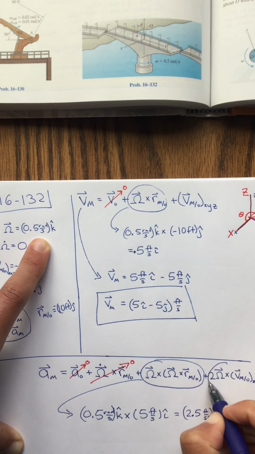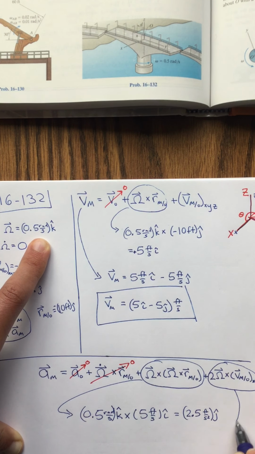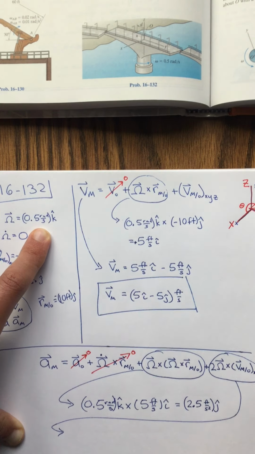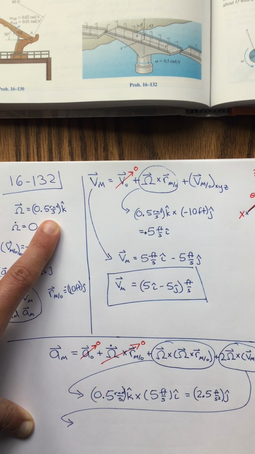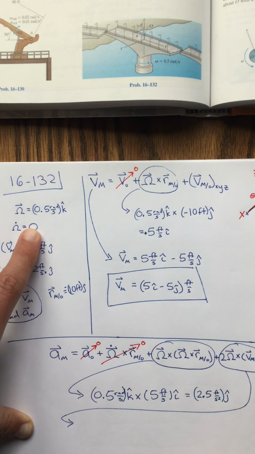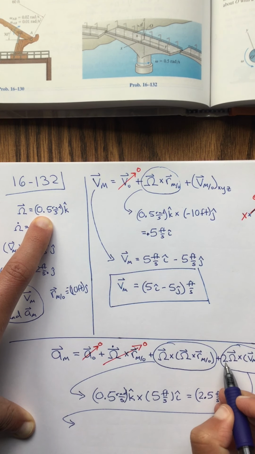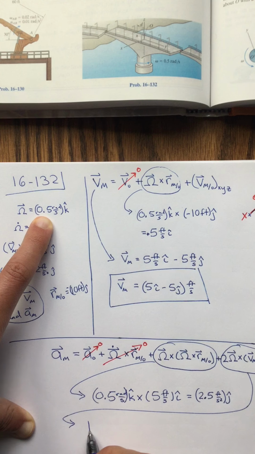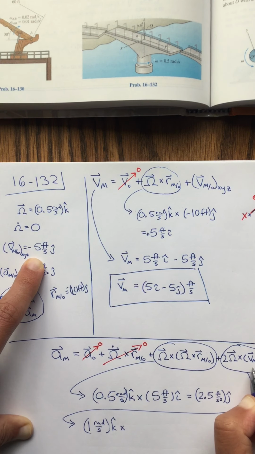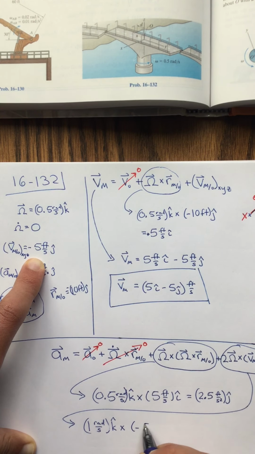Then I have this cross product, which I'm going to do separately before I plug everything into my equation. So 2 times omega, omega is 0.5 radians per second in the k hat direction, so 2 times omega would be 1 radian per second in the k hat direction, crossed with the relative velocity, which is -5 feet per second in the j hat direction.